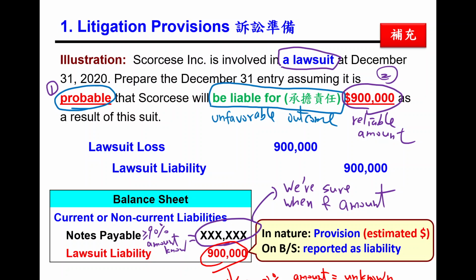For the lawsuit liability, we estimate the amount, so in the end we're not sure how much. We also know the possibility is higher than 50%, but maybe in the future you don't need to really pay the liability. Not sure. We just know it's higher than 50%.